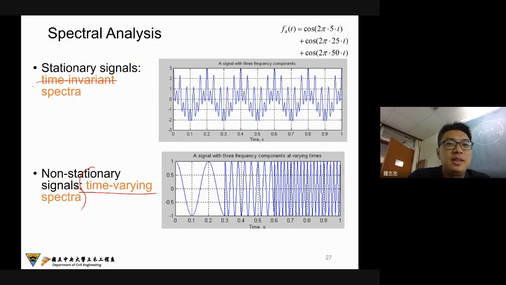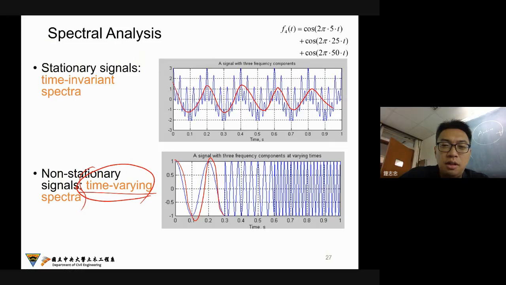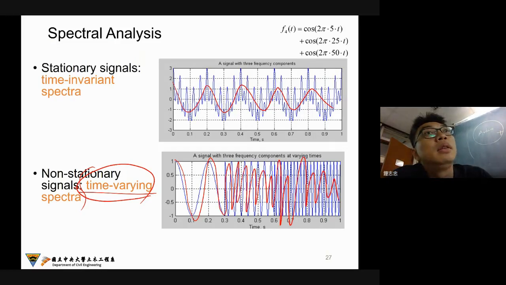For the previous, this is a time invariant spectrum, meaning that it repeats again. But in the real world, this is a time varying spectrum, meaning lower, higher, and much higher frequency, actually. So how can we interpret this kind of time varying signal?